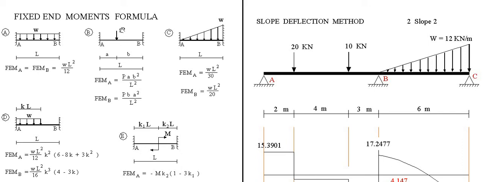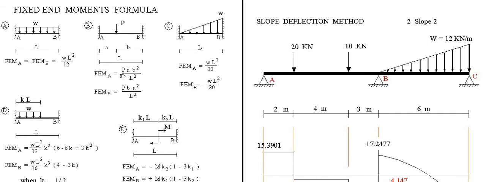For a concentrated load at a distance of A, we split the L into A and B. The formula is PAB square over L square. For moment A, we have to place first A then B square over L square. For B, B first, then times A square over L square.